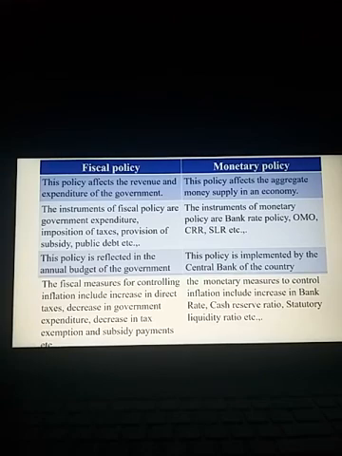Fiscal policy affects the revenue and expenditure of the government. Here, revenue and expenditure are the key terms you need to focus on. Whereas the other side, monetary policy affects the aggregate money supply in an economy. So first point, fiscal affects the revenue and expenditure, monetary affects the aggregate money supply in the economy.